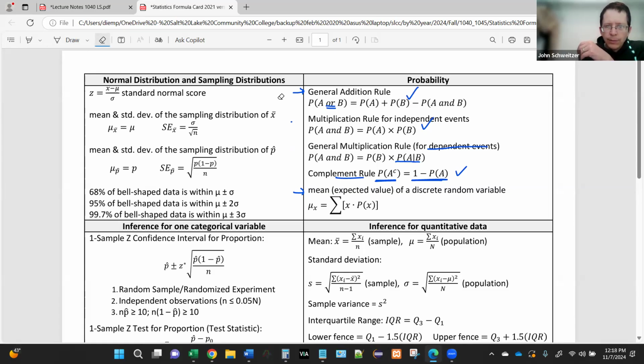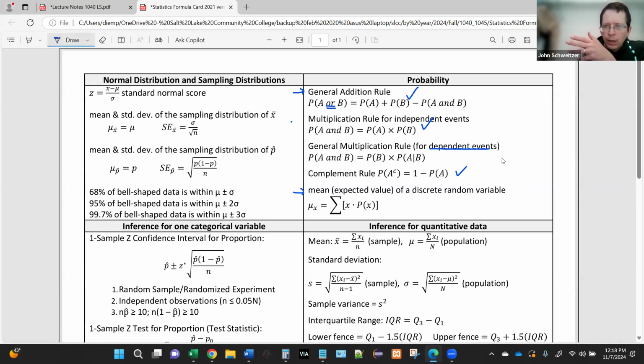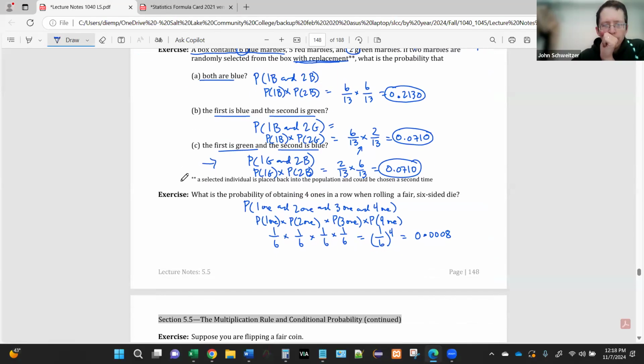Okay, so what's left? Well, we need to cover the general multiplication rule when we don't replace the marble, right? When we have dependent events, right? What happens to the multiplication rule in that case? Well, to understand that, we have to understand this thing called conditional probability. Okay?